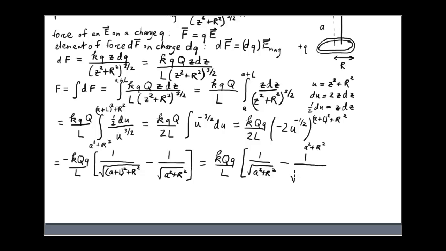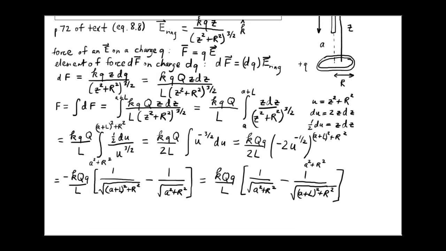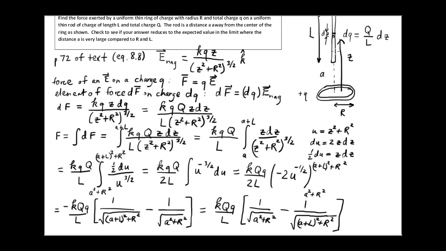Now, what more can we do from here? The question at the very outset asked us, once we get the answer, and this is the answer right here, this is the exact result, it asked us to check to see if, when we take the limit that A, the distance, remember, between the ring and the rod, if A gets really large, so we pull the ring really far away from the rod, or pull the rod far away from the ring, if A gets large compared to R, the radius, and compared to L, the length of the rod, what do we see as the approximate answer?